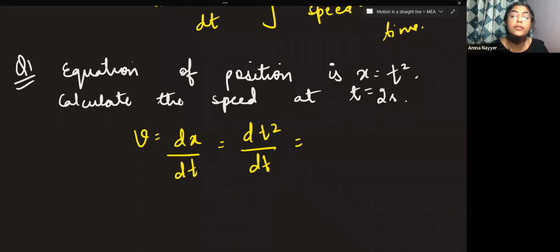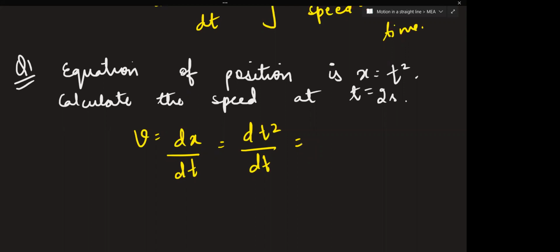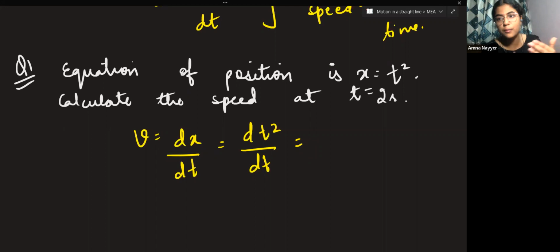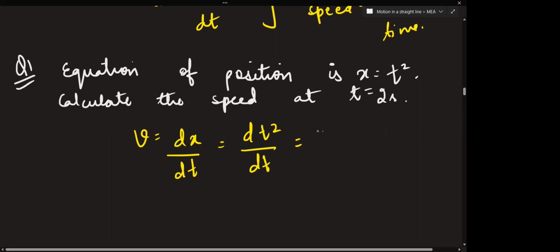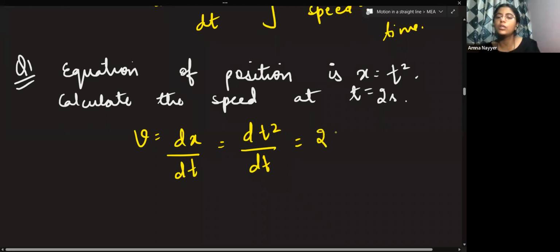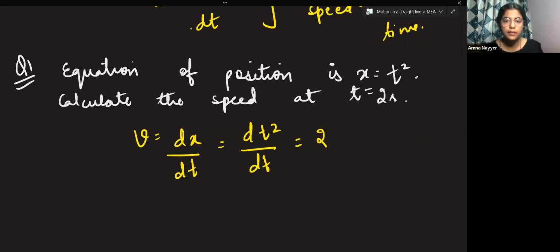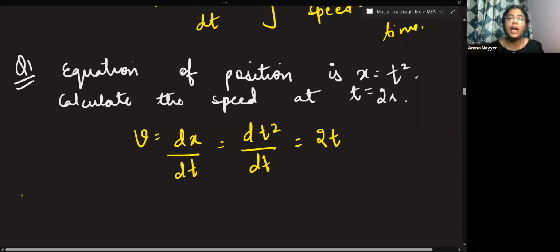You are right. But what is the first rule of differentiation? What comes out first? 2 comes out. The exponent, whatever is in the power, comes out. So this becomes 2, then t to the power 2 minus 1. It is 2t. Yes, this is 2t. Now, not velocity, we are calculating the speed right now.